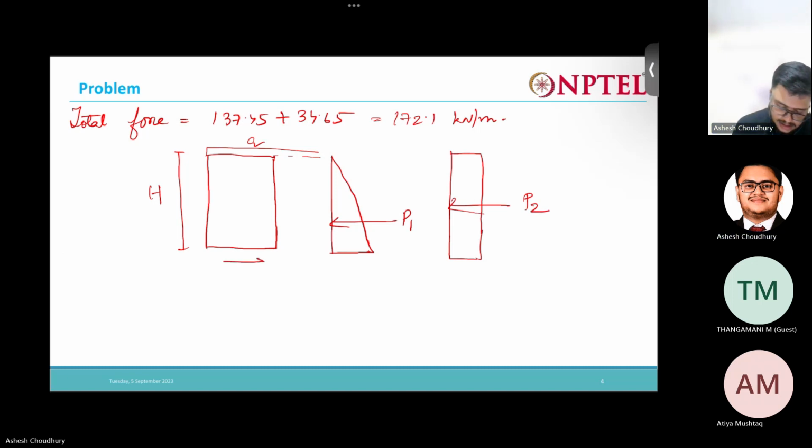These forces will be acting on this reinforced soil block, and this sliding force will be resisted by the frictional resistance that is developed between the interface of this reinforced soil block and the foundation soil. There will be some frictional resistance that should resist the sliding of the reinforced soil. Now let us calculate this sliding stability.